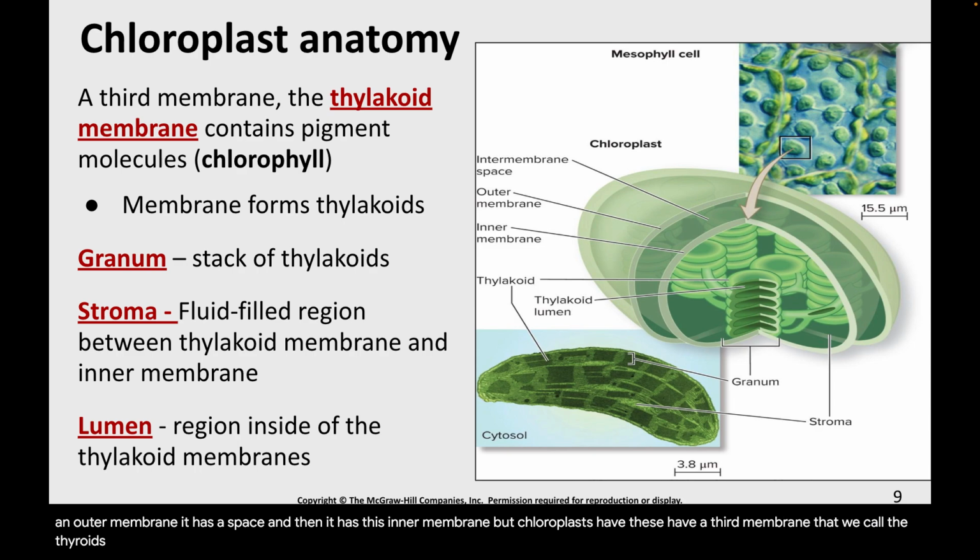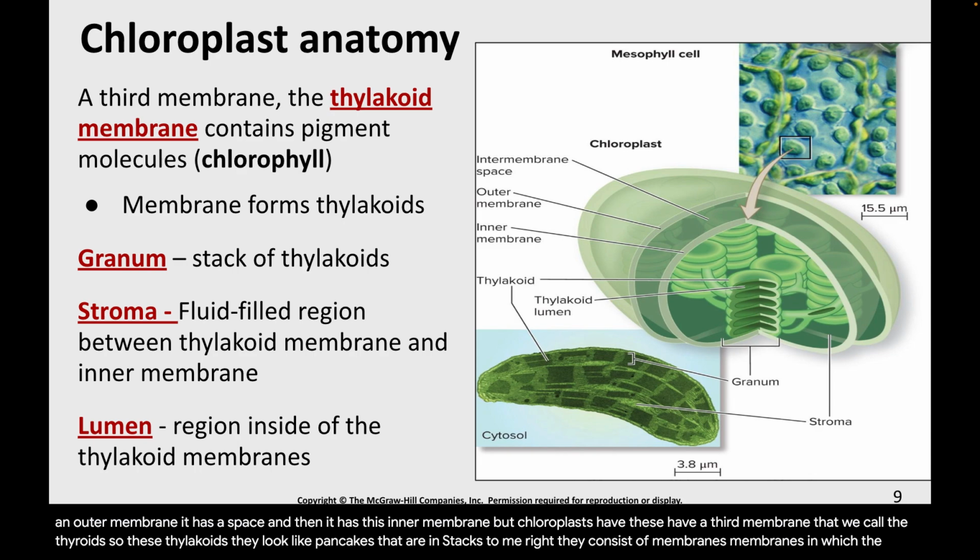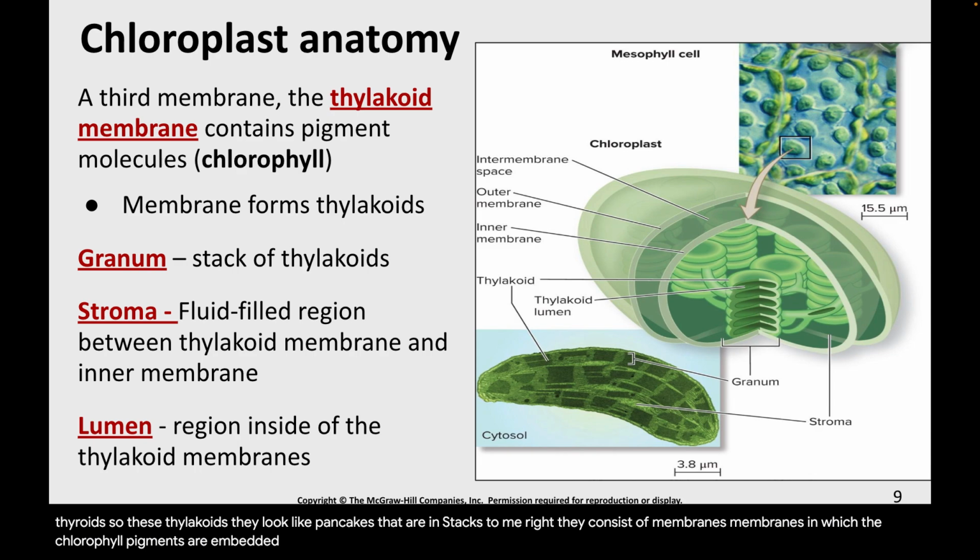These thylakoids look like pancakes in stacks to me. They consist of membranes in which the chlorophyll pigments are embedded. If we stack them all together, a stack of thylakoids, we would call that the granum. So just a ton of membranes. It's like a membrane system inside of our chloroplasts.